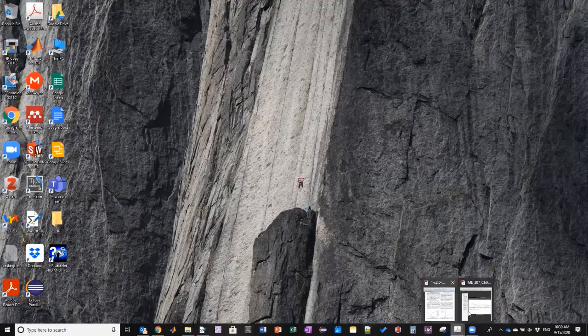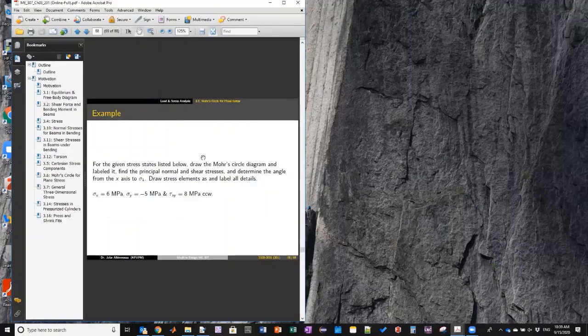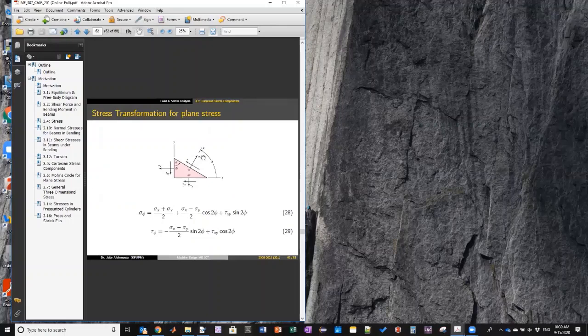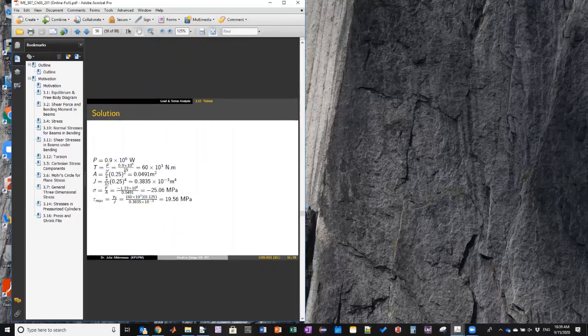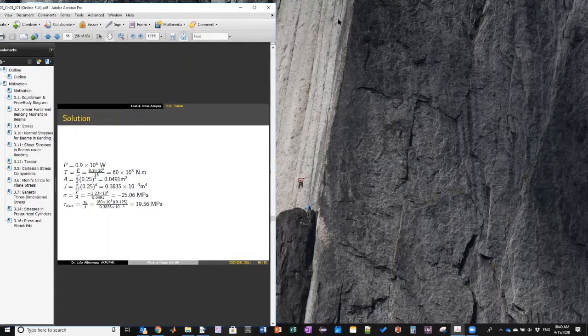Now let's move on to the example. Can you see my screen, guys? Yes. It's the laptop screen.